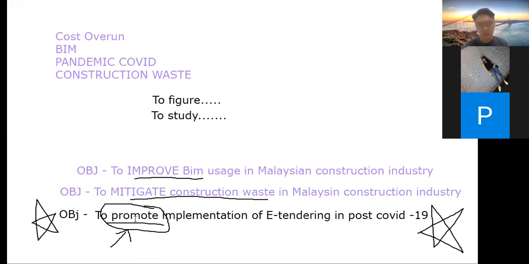So are you doing this? Did you create a poster, go to all contractors and tell them, please use e-tendering, thank you, bye-bye, and go to the next contractor?